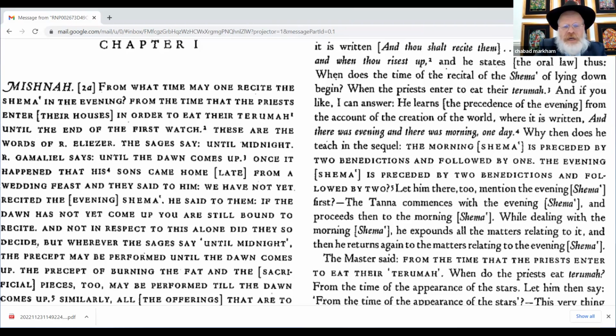So it could be his kids asked him, "What are you talking about? We know the Chachamim, the sages, said until midnight. How are you coming to say this?" You know, there was already a debate between Rabbi Eliezer, who's a great scholar, and the sages, in many sections in the Talmud.